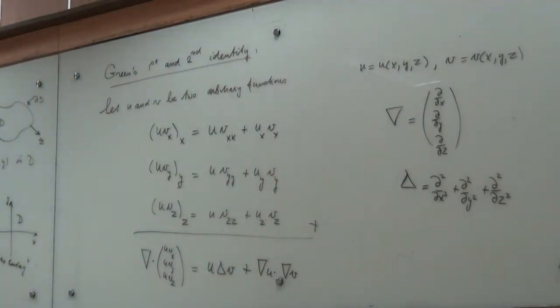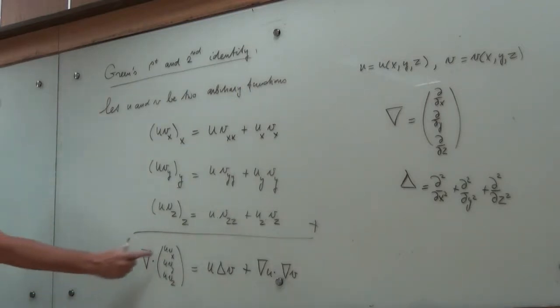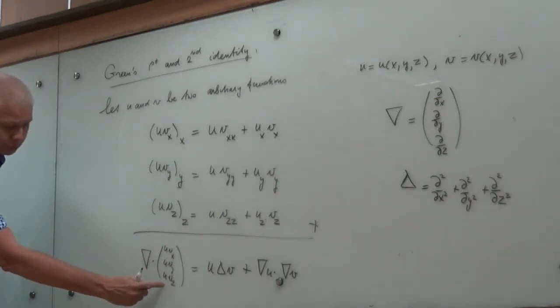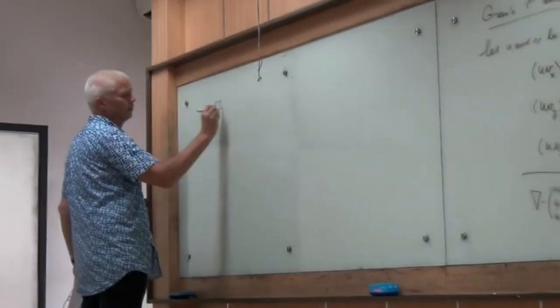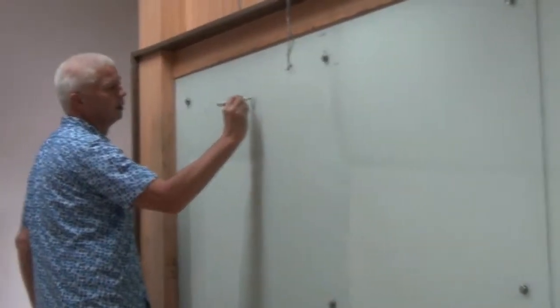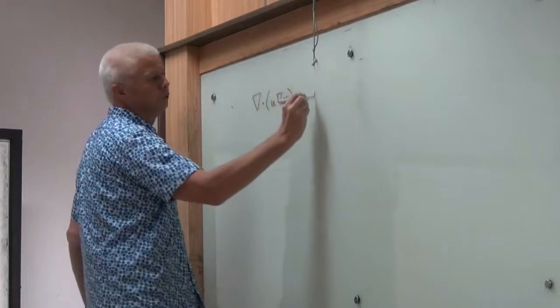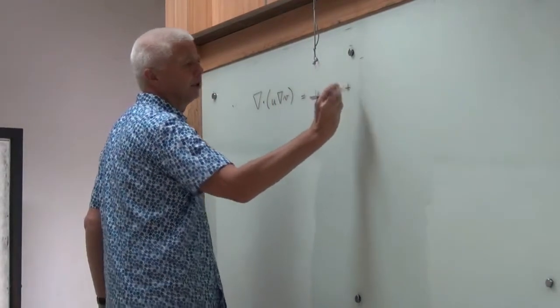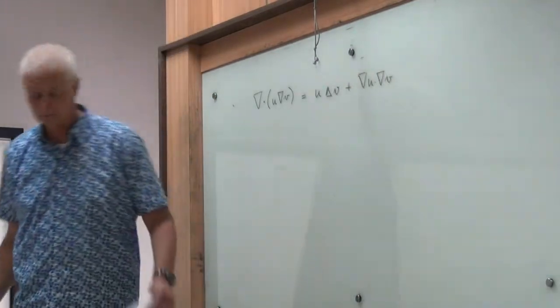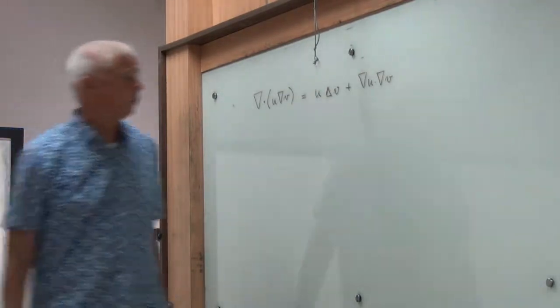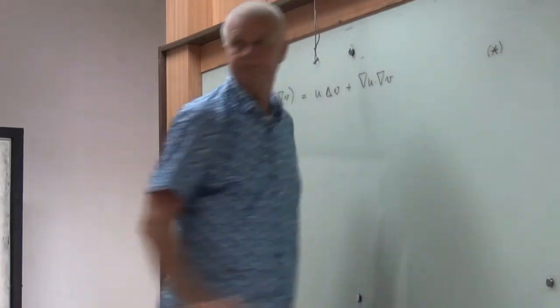And I can make it even more simple, because within this vector I can rewrite it as U times the gradient of V. So I get a nice expression: the inner product of the Nabla operator with U gradient V is equal to U times the Laplace of V plus the inner product of the Nabla operator acting on U with the gradient of V. I call that formula star.